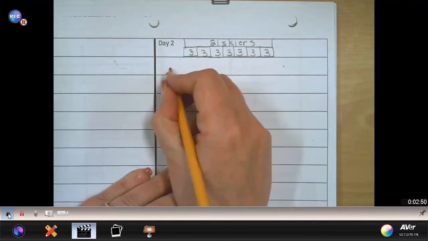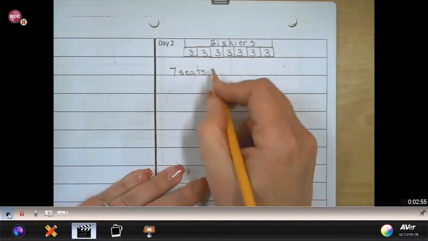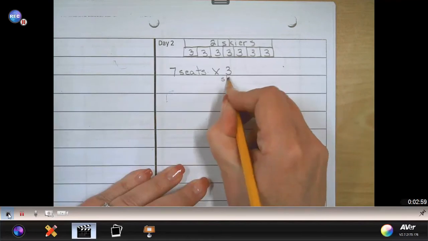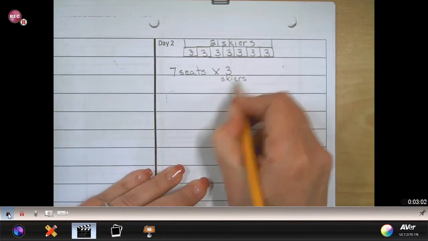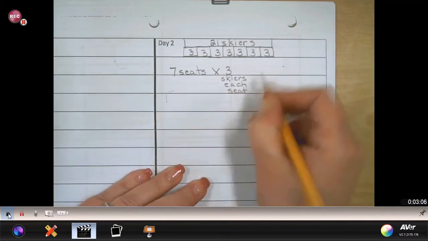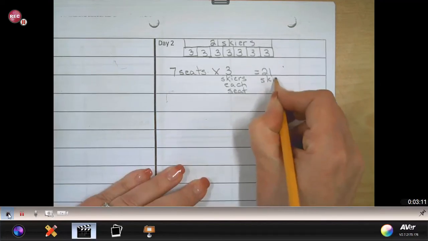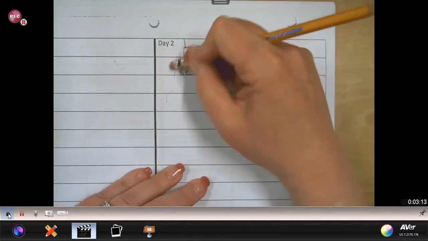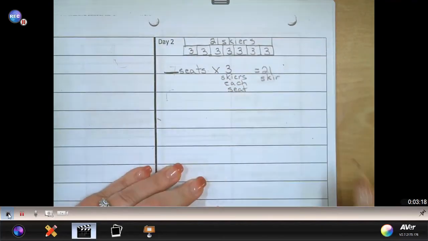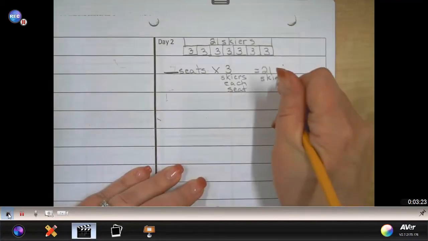So there are 7 seats, because those are my groups, times 3 skiers each seat. And that gives us our total of 21 skiers. Now, really what we were missing was this, the number of seats. So we were actually missing that part of our equation.